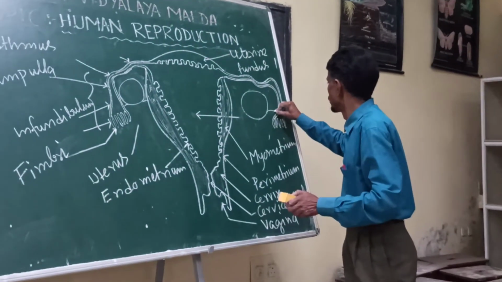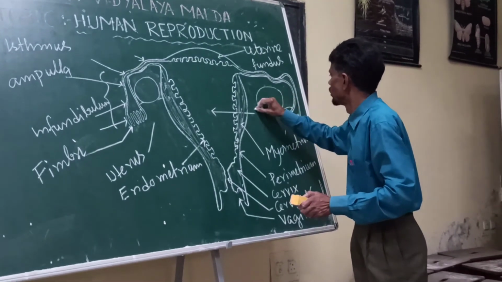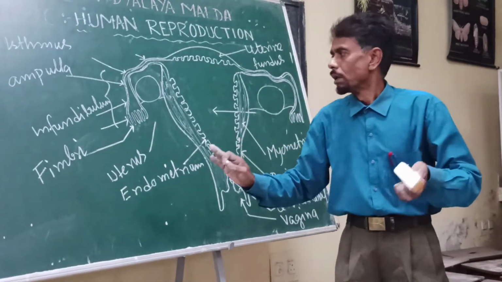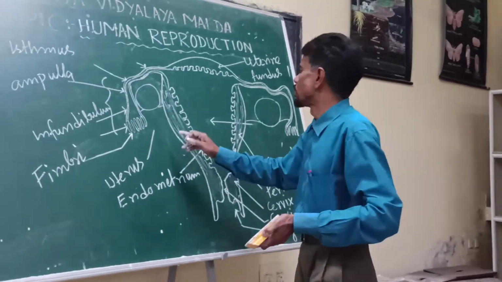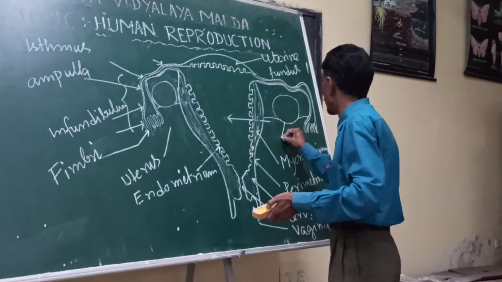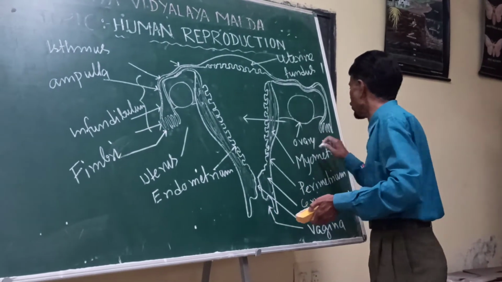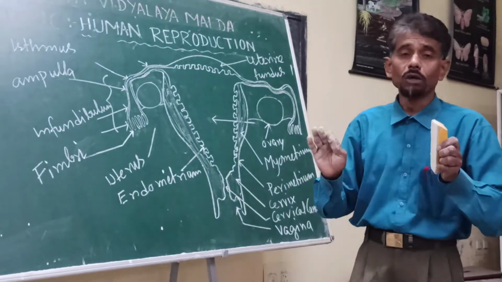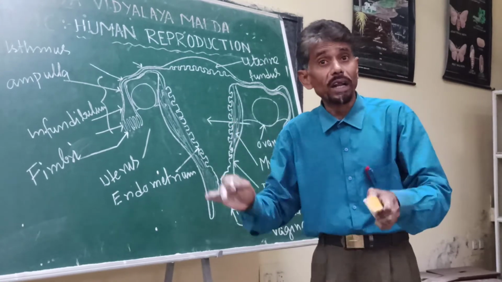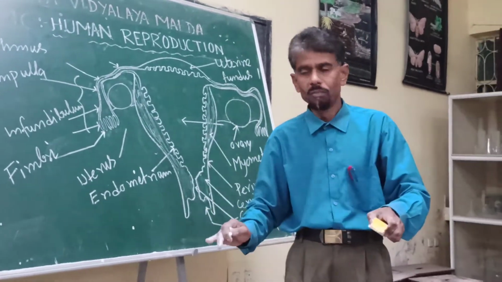So these are the different parts of the female reproductive organ, which comprise a pair of ovaries. This is the ovary. Ovary is the primary reproductive organ because it is responsible for the production of the female gamete, the ovum.